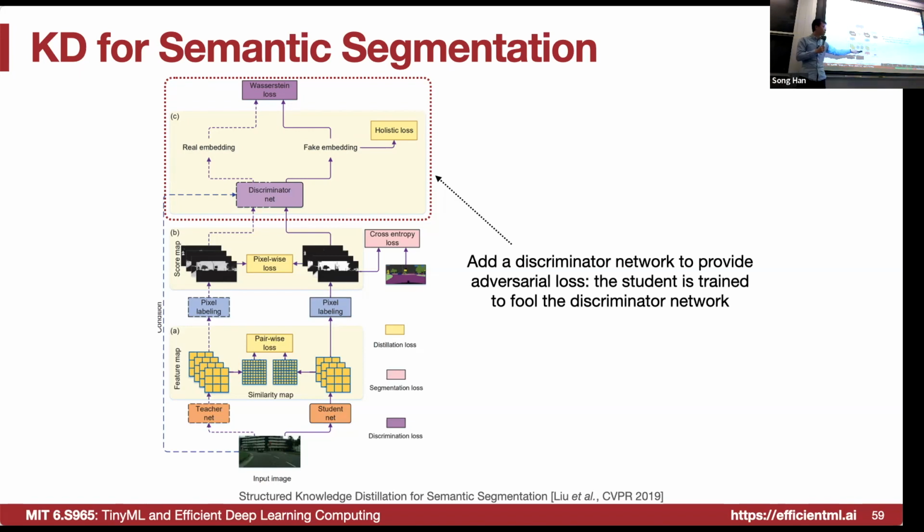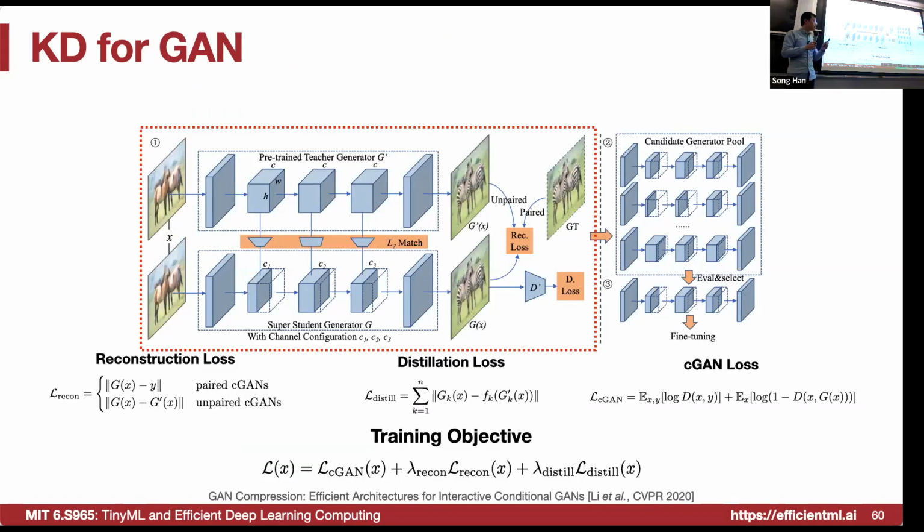We are trying to improve the student model so that the discriminator cannot tell it's generated by the student model, and also we train the discriminator to find out whether it's produced by the teacher model or the student model. So the discriminator and the student net get better on top of each other, so that in the end the student model will generate very high quality feature maps and prediction maps that are very similar to the teacher model. Okay, so that's the difference for segmentation.